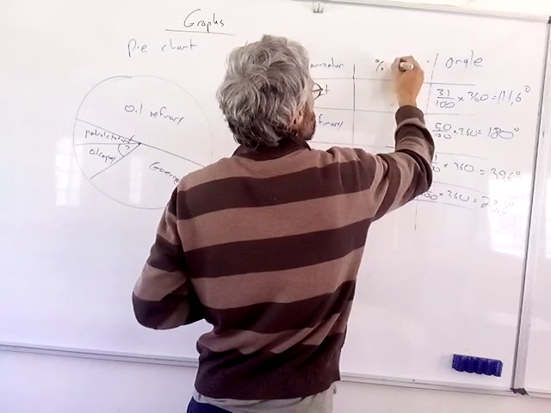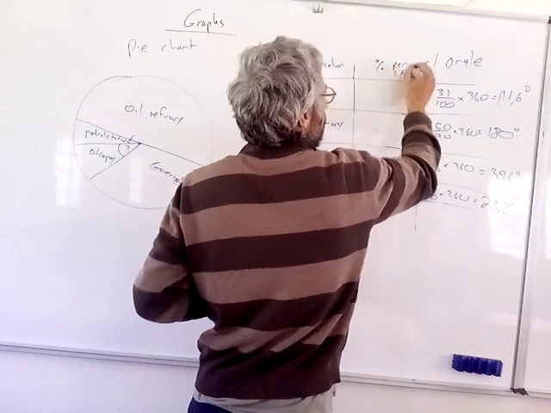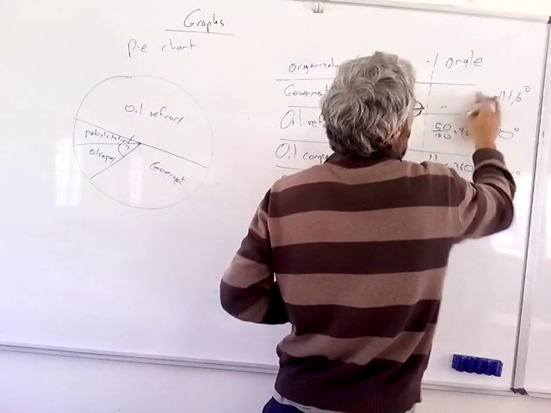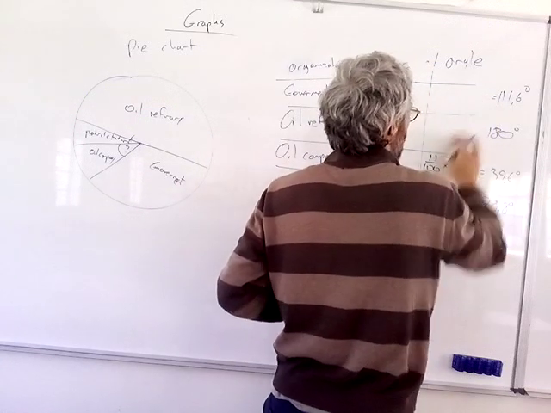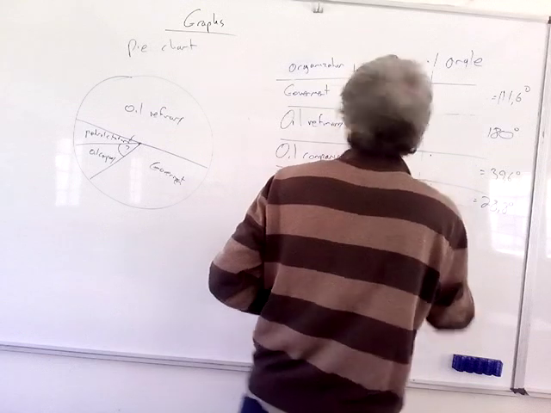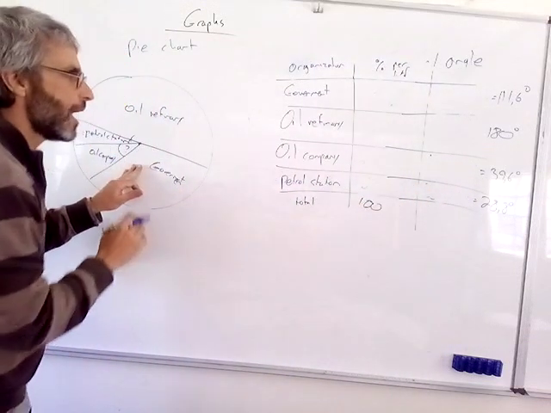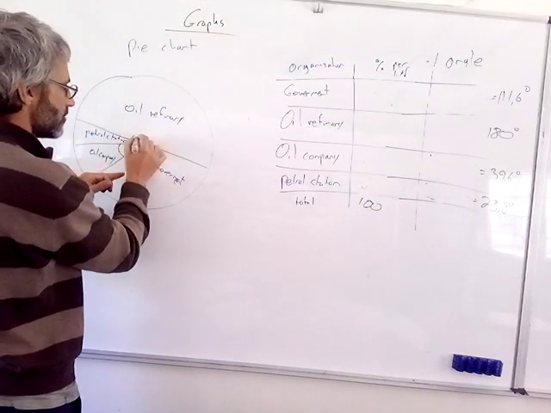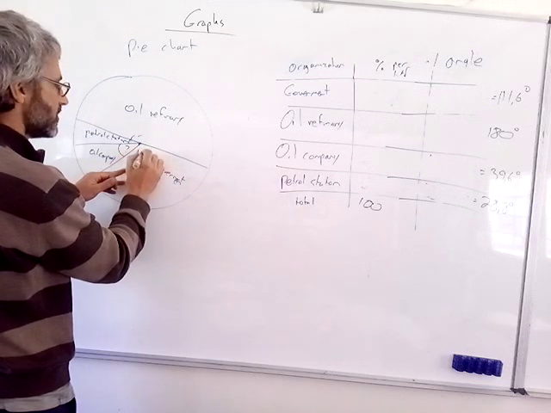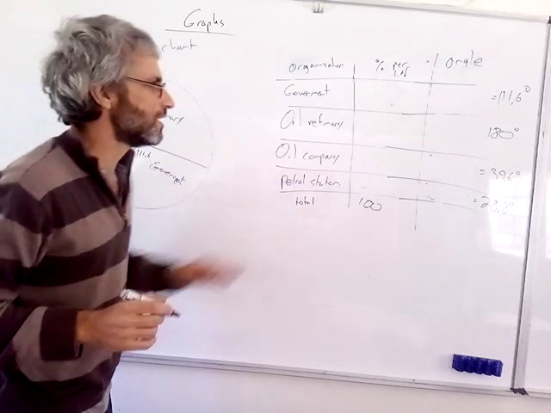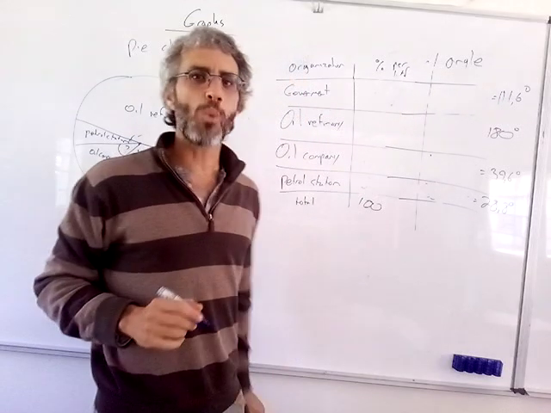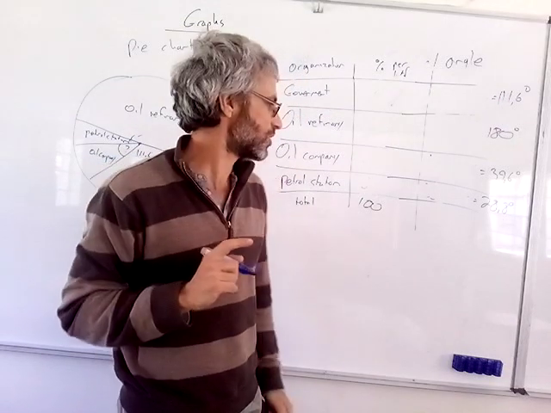This is percentages per liter. But what I do know is the angle. So you might have got a pie chart, okay? And you know that this is 180 degrees. This is 111.6 or 112. Let's say you know the angle and you want to find out the percentages. How are we going to do it then?